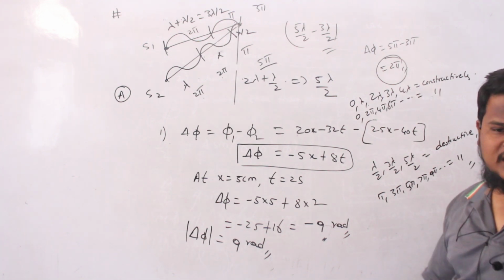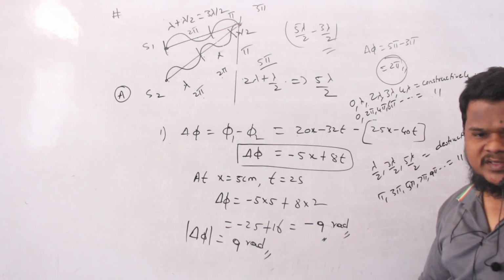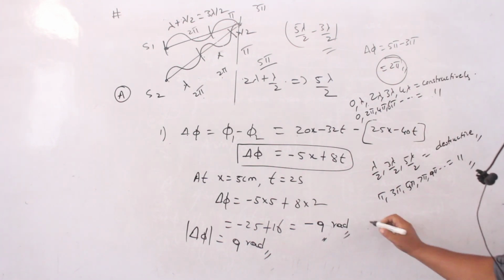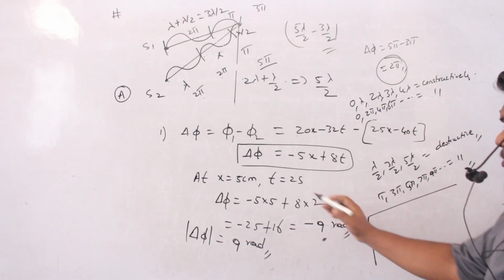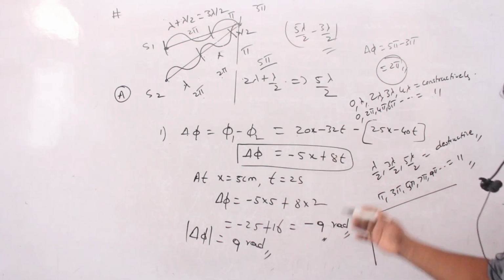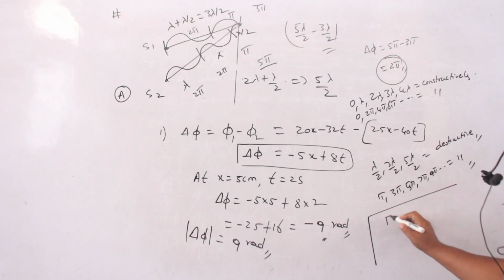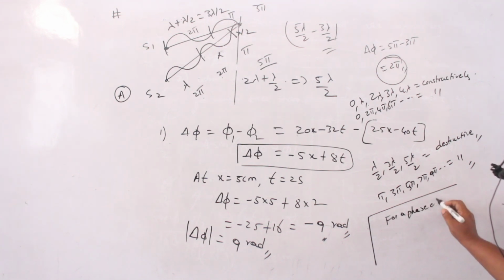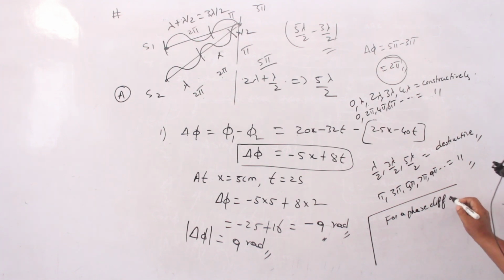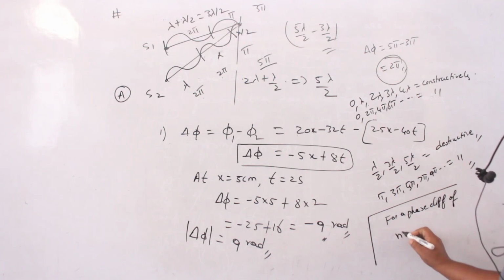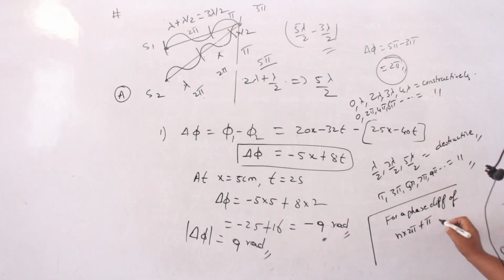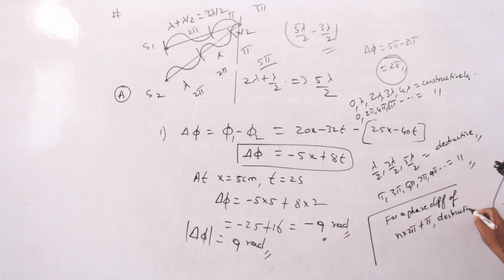So there should be one half wave extra, or in terms of phase difference, pi should be extra, and only then will the two waves interfere destructively. So for a phase difference of n into 2 pi plus pi, I will get destructive interference.